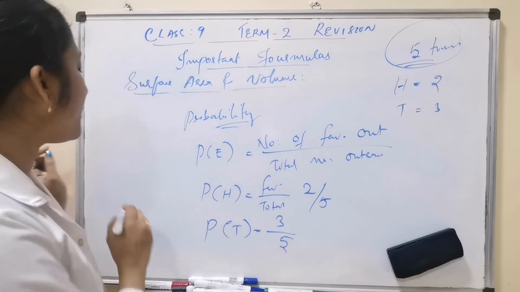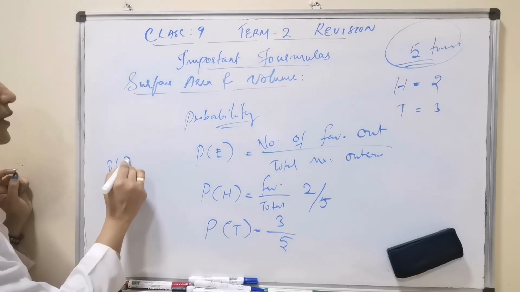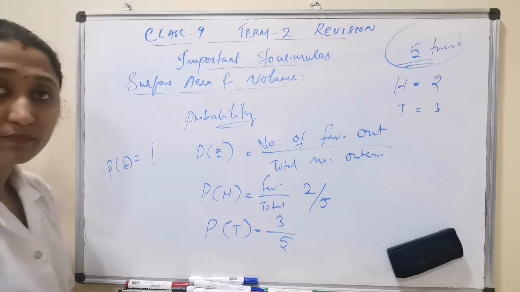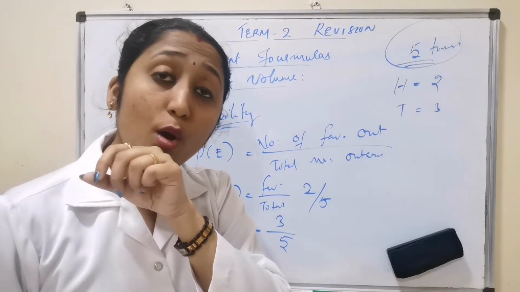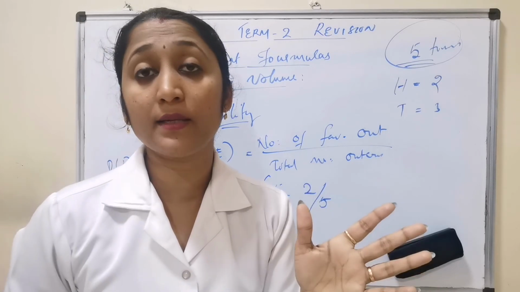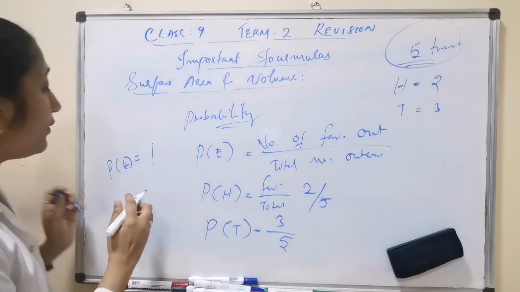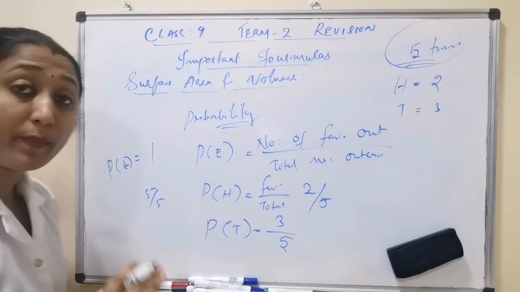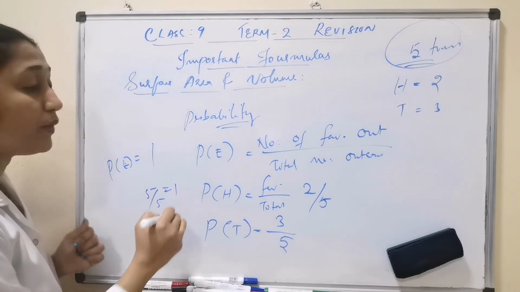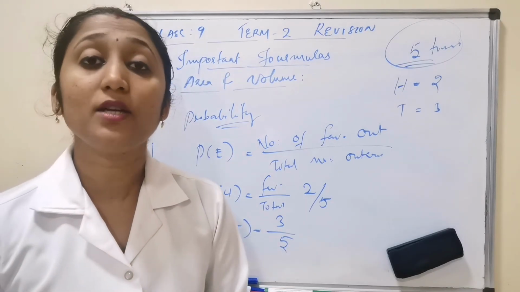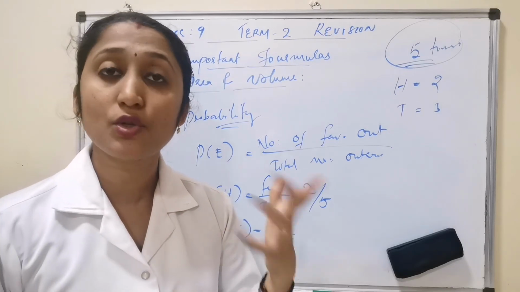If the probability of an event E is equal to 1, that is, if we tossed 5 times and in all 5 times we got head, then favorable outcome is 5 and total outcome is also 5, so 5 by 5 equals 1. That means it is a sure event.